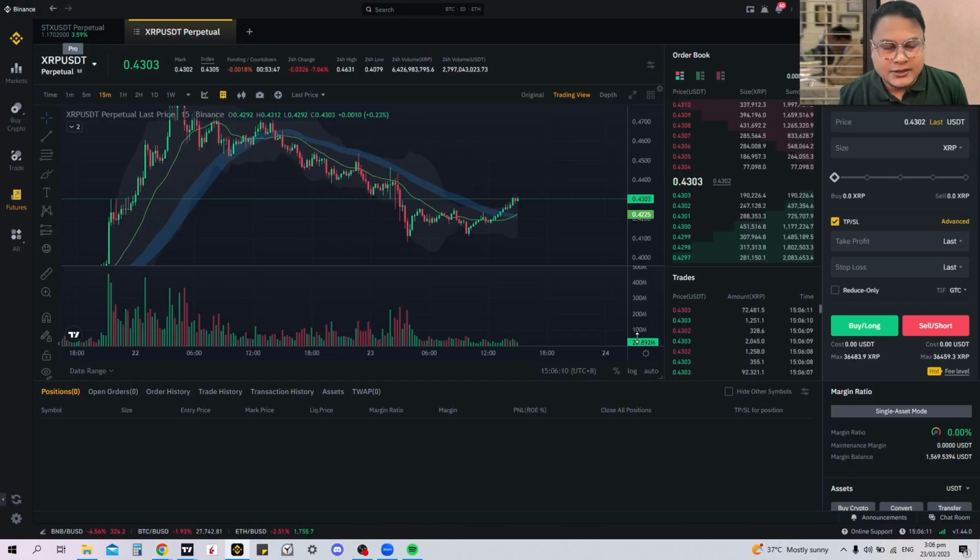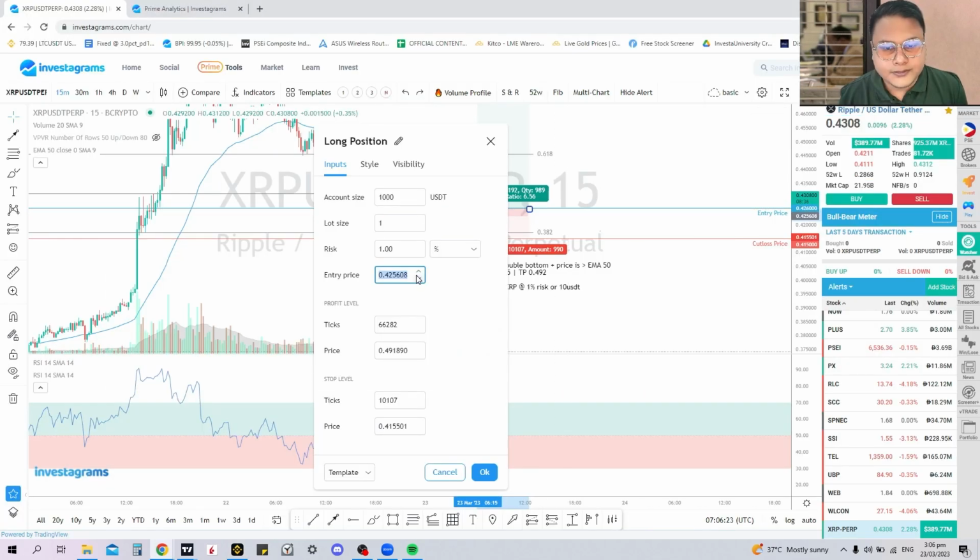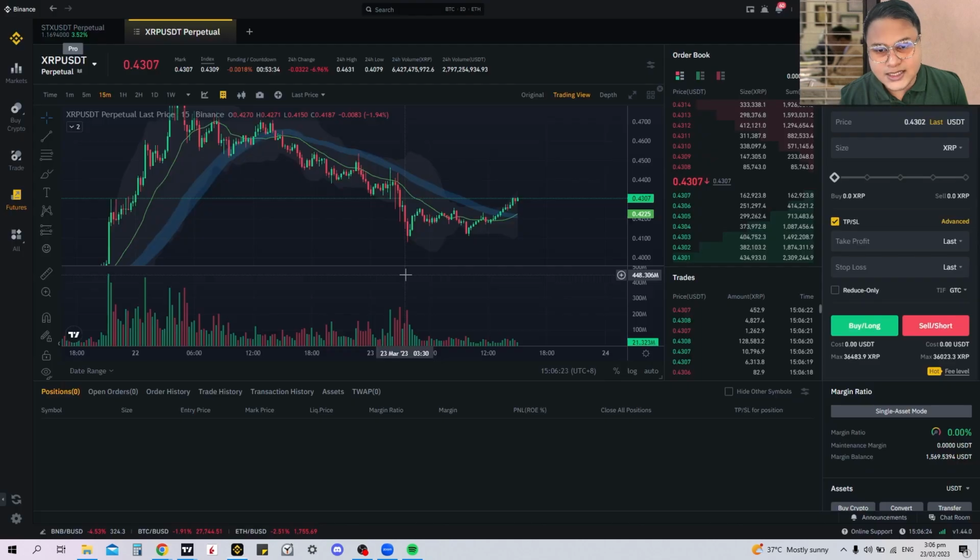So, yan. Yung mga ganong details na yun is for discussion on another lesson. Yan. So, ilagay natin yung entry price natin, which is 0.4256, limit buy, XRP of 989.